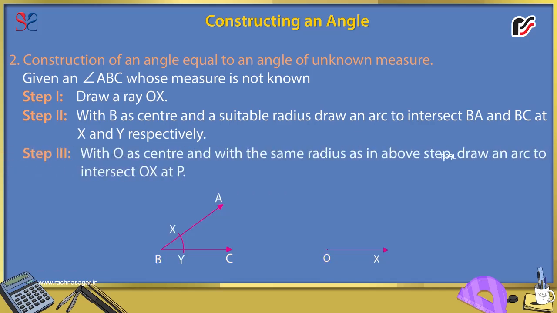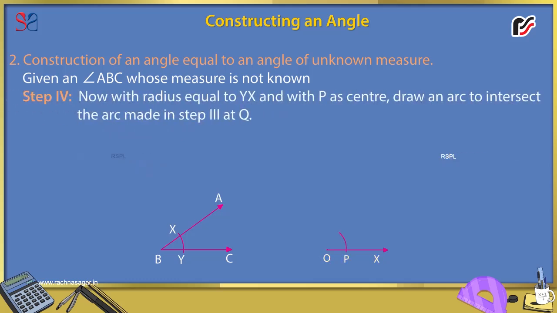Step 3. With O as center and with the same radius as in the above step, draw an arc to intersect OX at P. Step 4. Now with radius equal to YX and with P as center, draw an arc to intersect the arc made in step 3 at Q. Step 5.